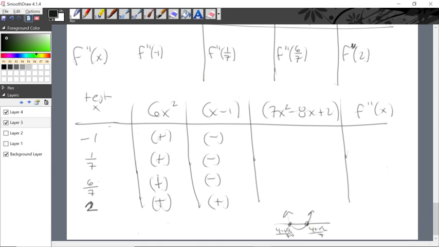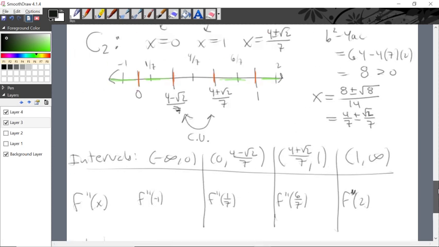Okay, 4 minus root 2 over 7 and 4 plus root 2 over 7, of course, are both positive numbers. So if we plug in a number like -1, we would be on a positive part of this graph. We would be above the x-axis. Right? We're analyzing this quadratic right here. 1/7 is marked right here.